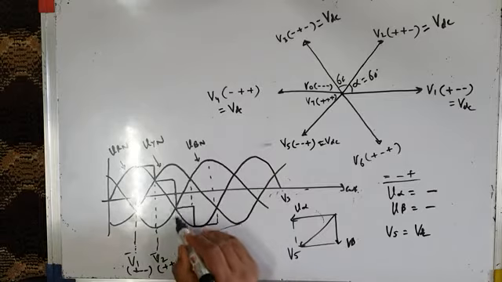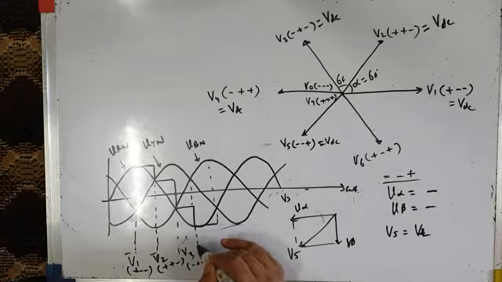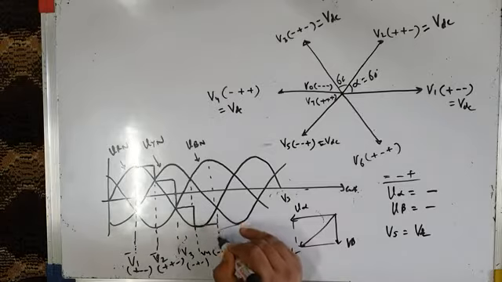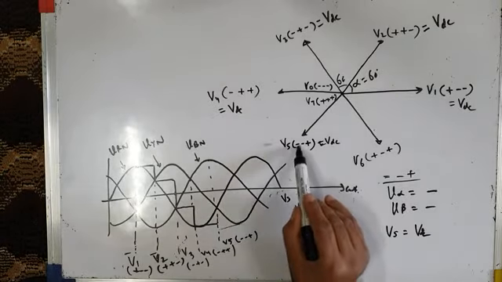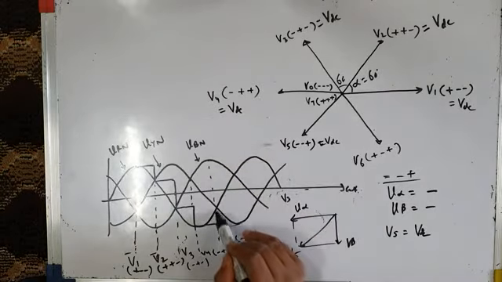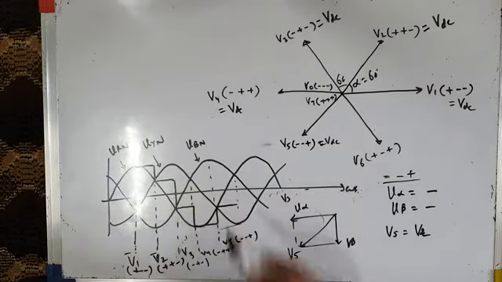So this was my voltage vector V3, V3 was minus plus minus. This was my voltage vector V4, V4 was minus plus plus, and this will be my voltage vector V5. V5 will be minus minus plus, and V5 means R phase is having some negative value. So it will come down, a negative value for the next 60 degrees रहेगा. It will retain that negative value.